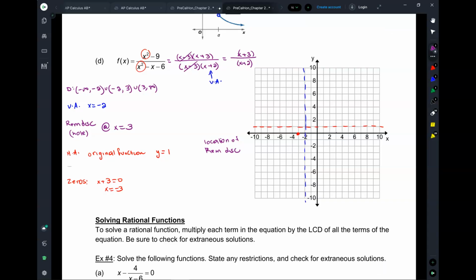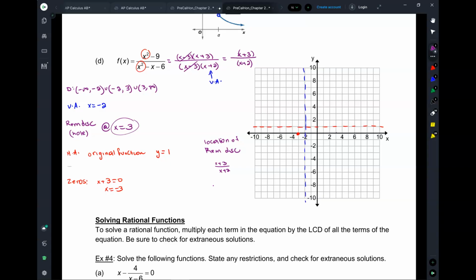What I want to do is very, very briefly, now don't get caught doing this, I'm going to take the remaining function here and put in x equals, I'm sorry, not x equals -3, x equals +3.